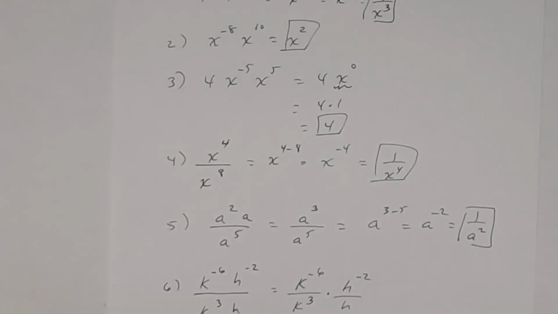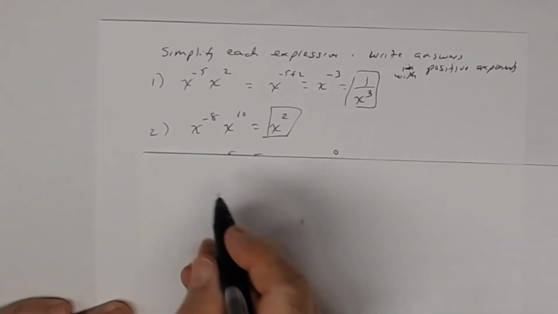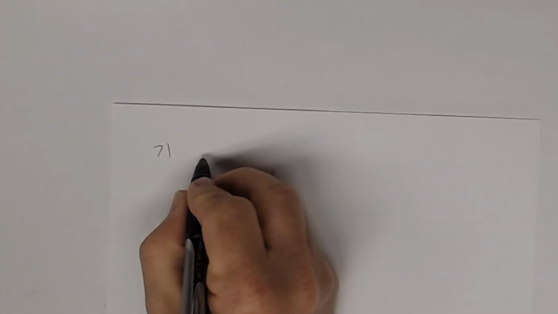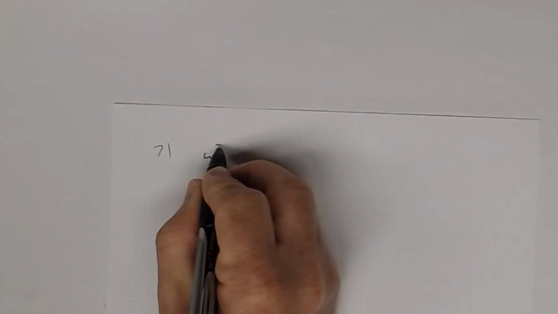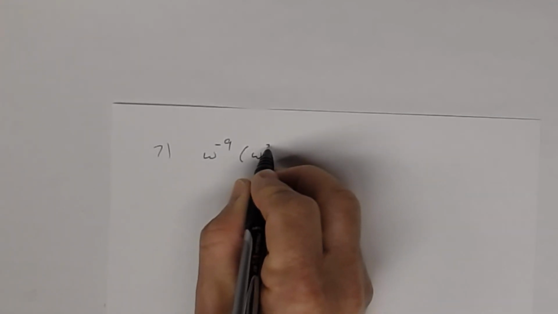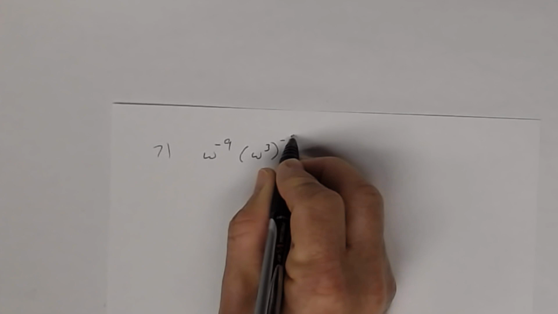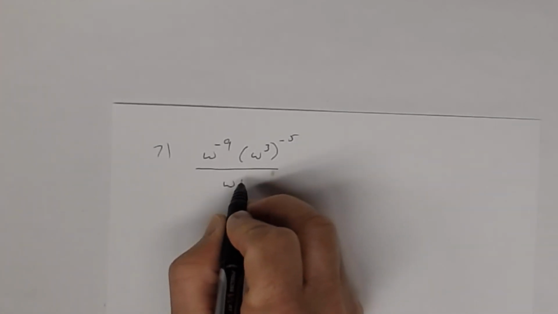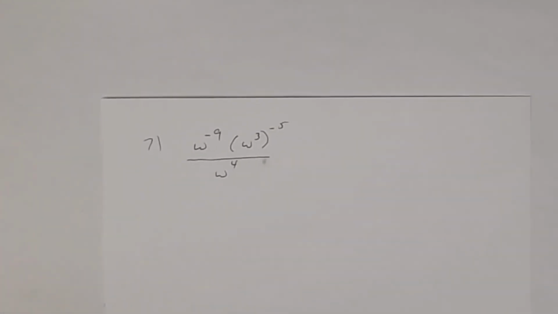Let's look at number 7. So number 7, let's suppose we had w to the negative 9th times w cubed raised to the negative 5th divided by w to the 4th power.